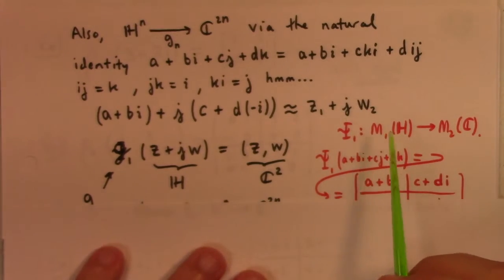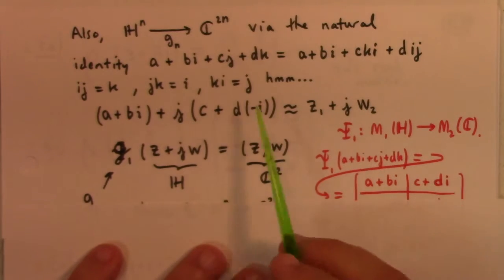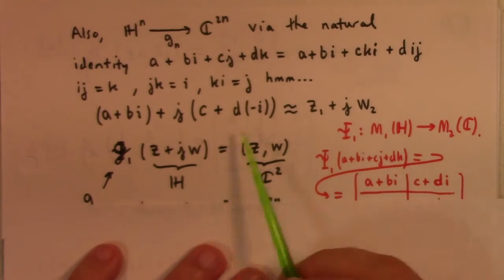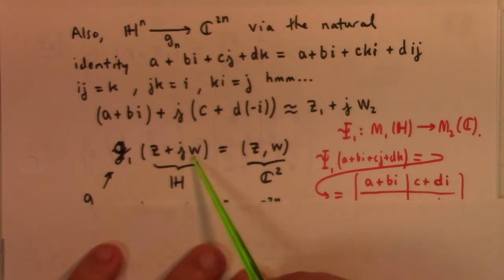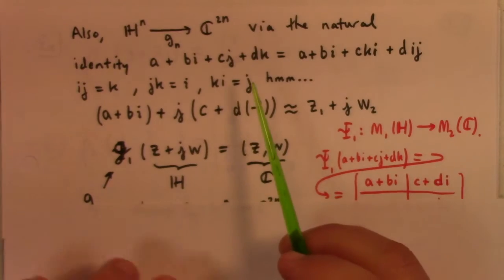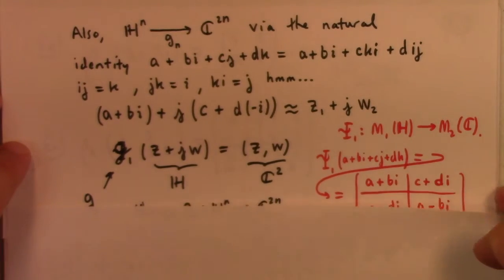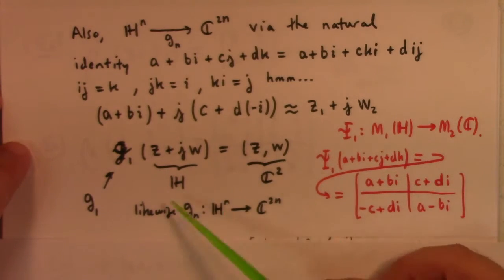And so I can think of this as z1 plus j times w2, where these are 2 complex numbers. And so I think of any quaternion as having the form z plus jw, where z and w are complex numbers, and then the pair is just (z, w). That's the correspondence. And likewise for Hn, you just repeat this over and over again.